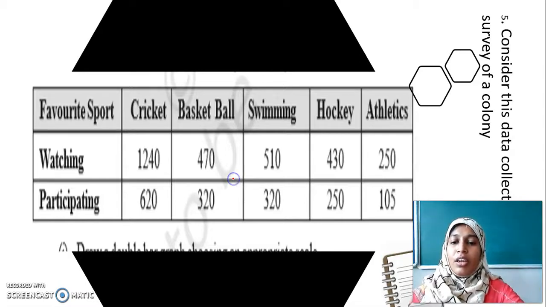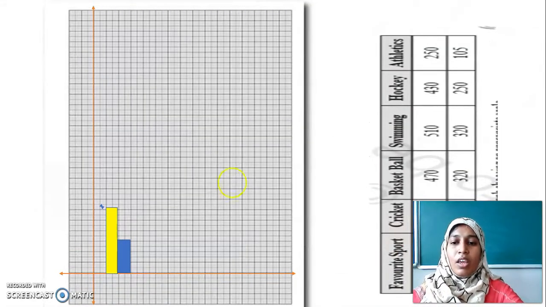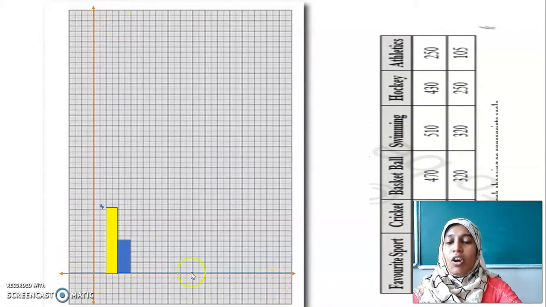So again, be ready with your graph paper. Okay, again we have to start with x-axis and y-axis. Draw neatly, leave some 2 bars or 2 boxes before you draw the y-axis and also the x-axis, so that you will have enough place to describe what these two axes stand for. Now here I am going to consider the description of watching and participating along the x-axis and number of people along the y-axis.